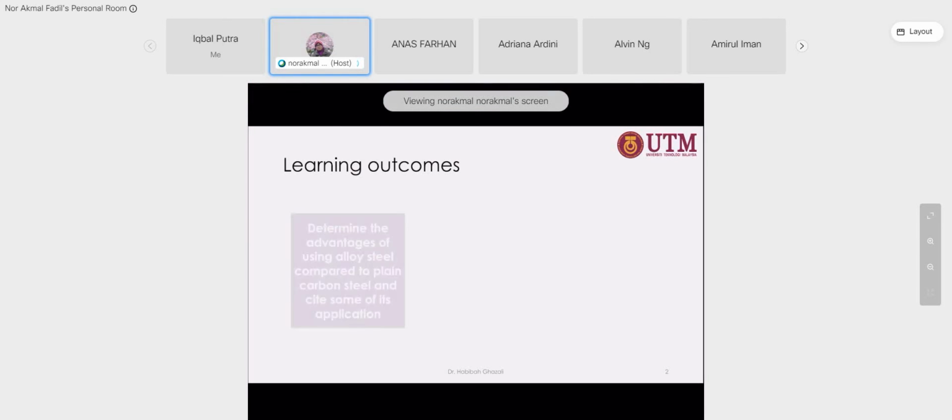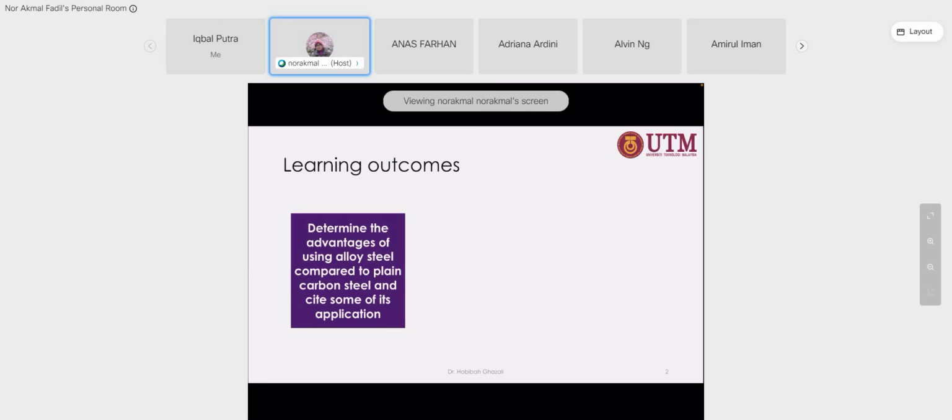The outcome of this course is that you need to be able to determine the advantages of using alloy steel compared to plain carbon steel and cite some of its applications. So we are going to talk about alloy steel, not just plain steel. You know what steel is? Steel is iron plus carbon.